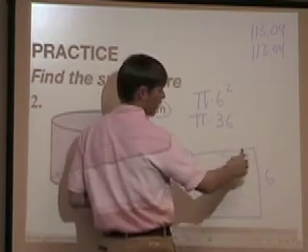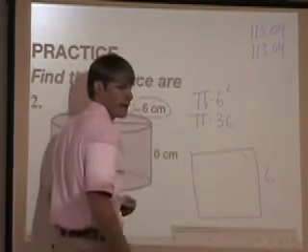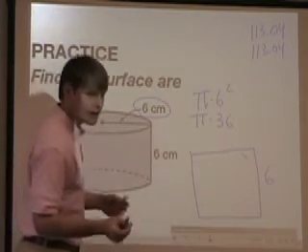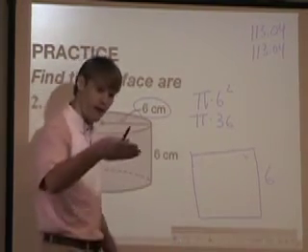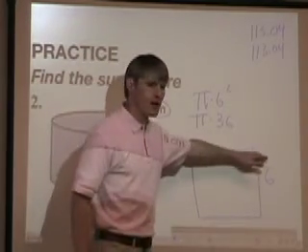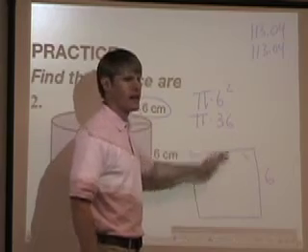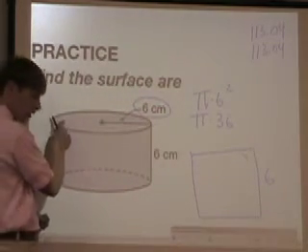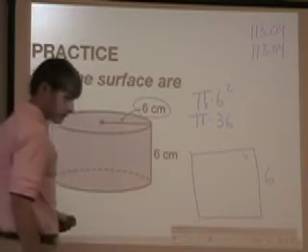What did I say the formula for it was? Pi times the diameter. Look on your paper. I don't know why y'all are guessing wrong when you've written it down. This unknown side is pi times the diameter. The diameter is not 6, it's what? 12. 12 times pi is what?